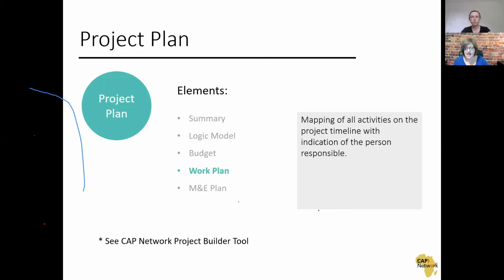But I would say the safe distinction, and this is the question I ask if I'm unsure when I'm working with a client or a project on the budget: is this expense needed for the implementation of this project, or is this expense needed for the existence of your organization?